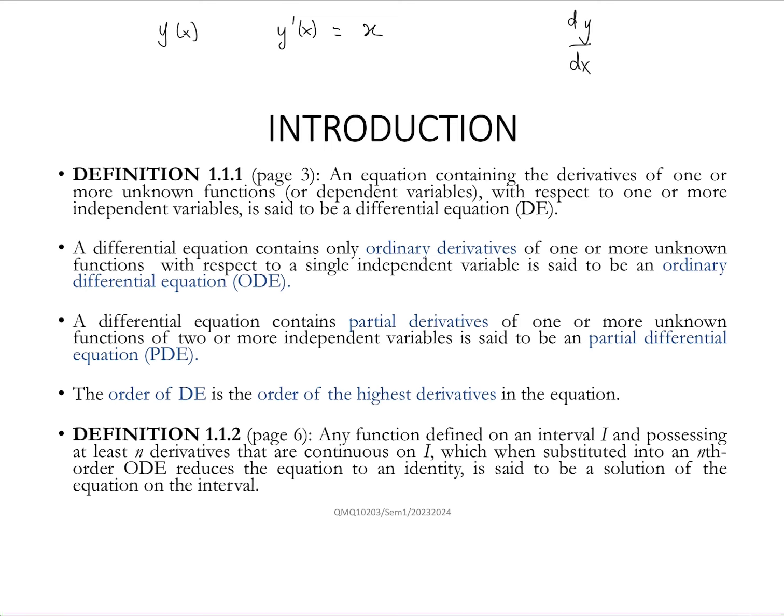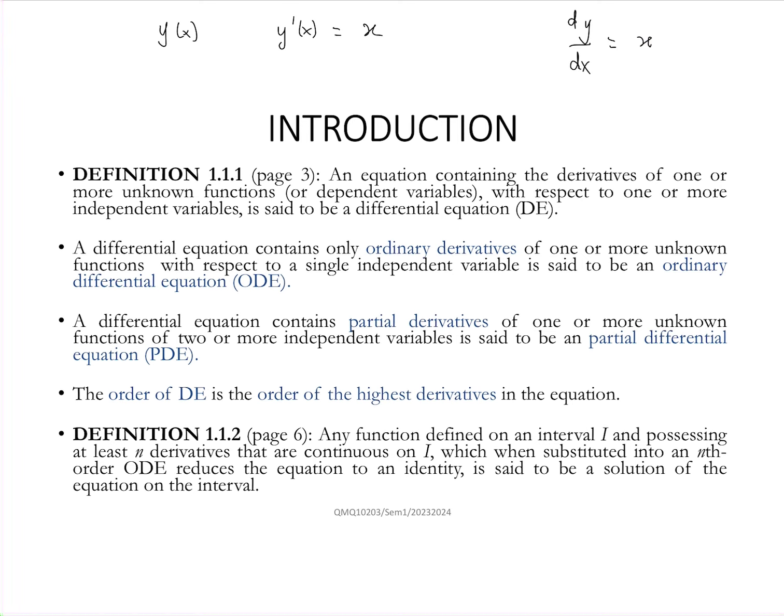So when we set equation, it must have some form of sign equal. For example, dy dx equal to x. Because in this equation dy dx equal to x, we have the derivative and also we have a dependent variable y and independent variable x, hence this equation is said to be differential equation.